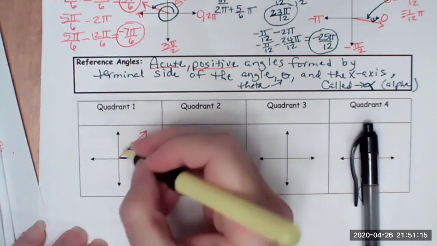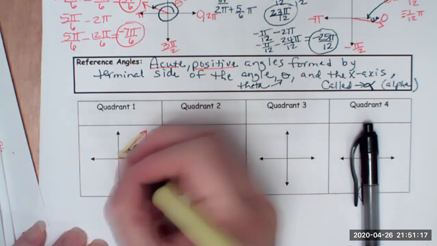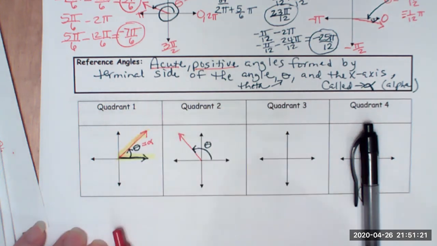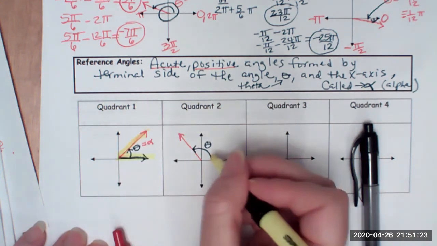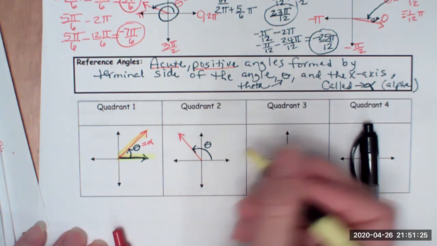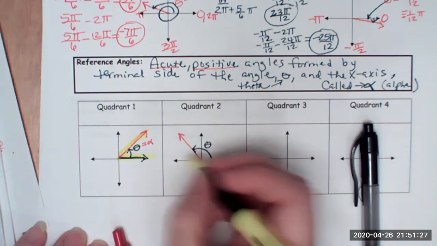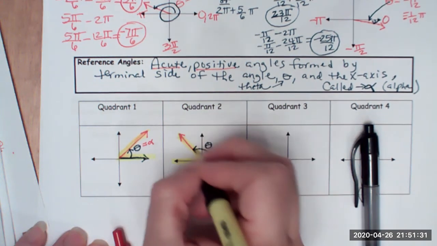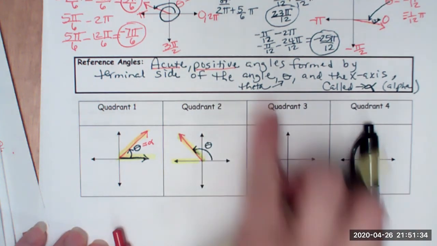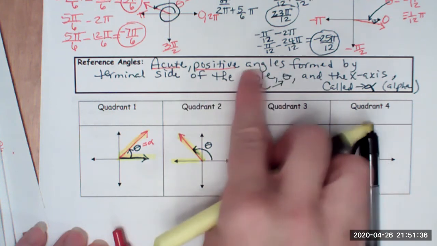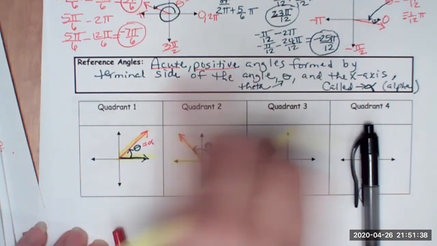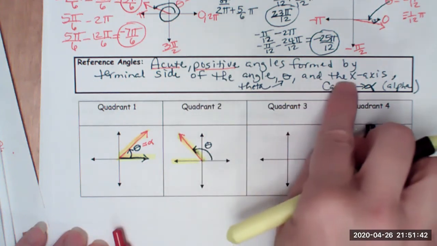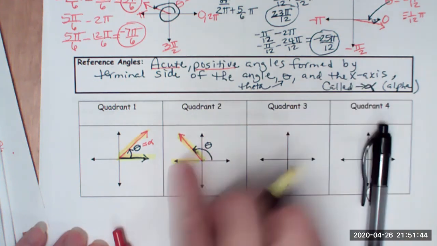If I highlight alpha in yellow, here's alpha, because remember, it's the acute positive angle formed by the terminal side of the angle in red here and the x-axis.